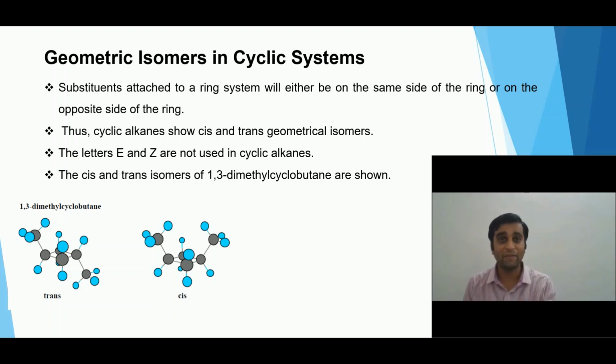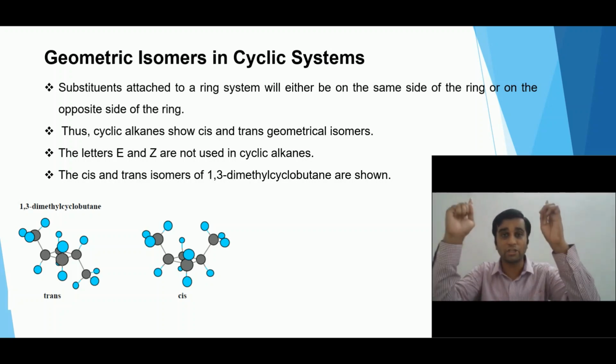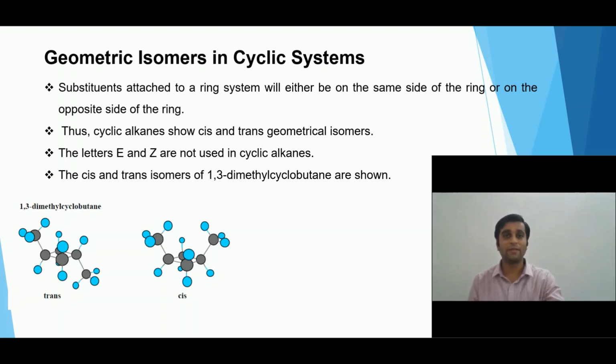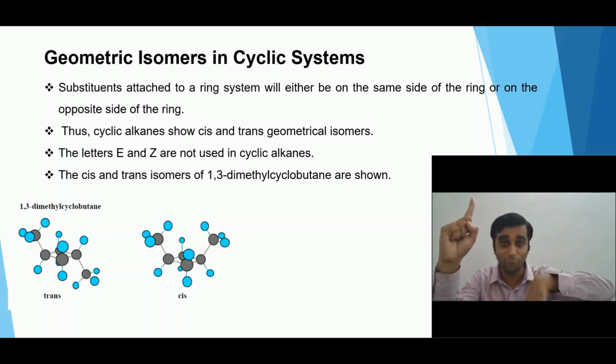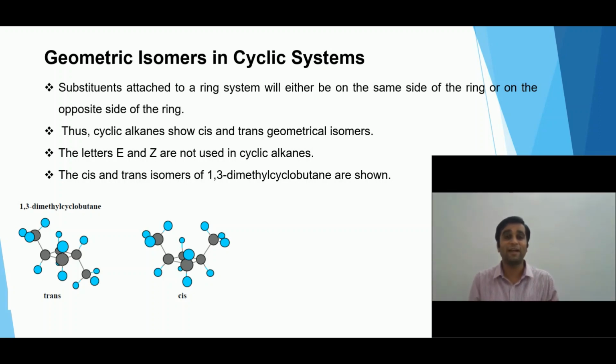Cyclobutane, cyclic aliphatic compound, 1 and 3. There are substituents called methyl group. If the methyl groups are on the same side, but how can we say same side? If both the substituents are in an upward direction, that is called cis. I mean to say same side. And if one substituent is upward, another substituent is downward, definitely we say that isomer is called the trans isomer.